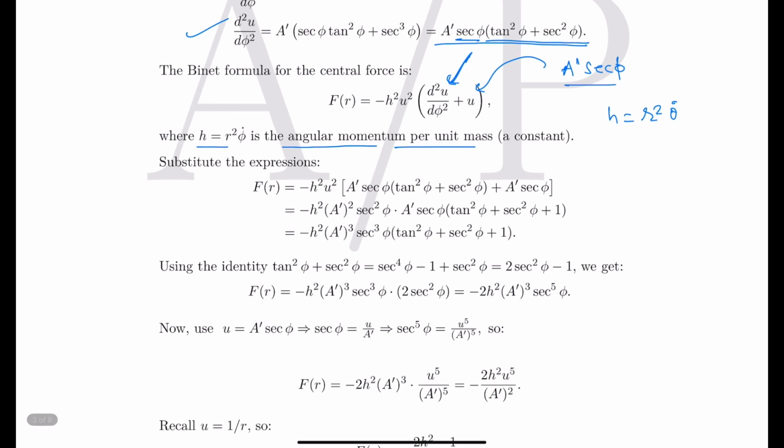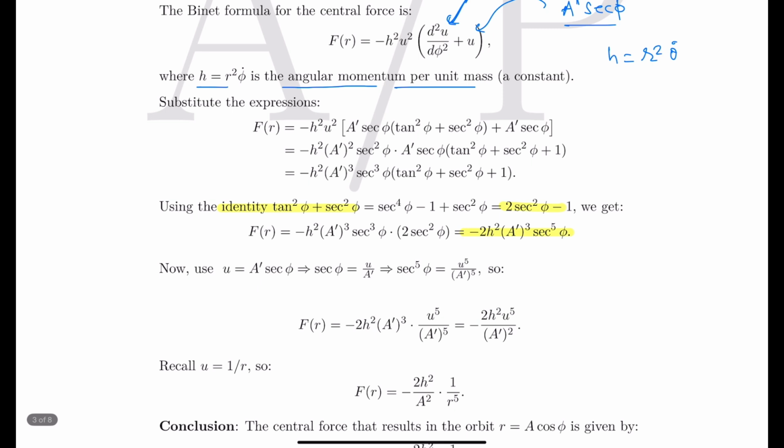Now we will substitute all the values in the expression and then simplify. We will require some trigonometric identities such as tan square psi plus sec square psi to get 2 sec square psi minus 1. When we substitute all the values, we get 2h square a prime cube multiplied by sec to the power 5 psi.